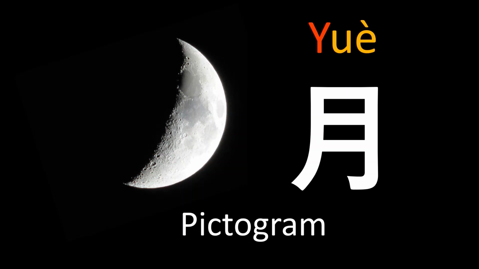Only about 4% of Chinese characters look like the actual object. So this is a very, very special character, and I hope you will remember this for the rest of your life, because we know a picture speaks 1,000 words. Alright? You can never forget this word now. Fantastic. Let's move on.